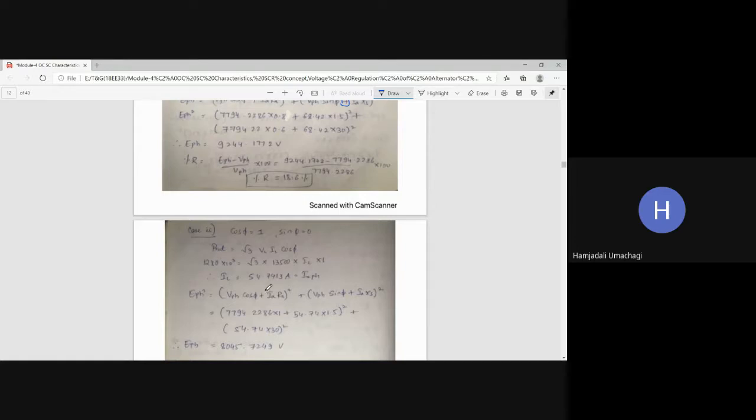Okay. And now calculate the EPH value. Since the load is resistive in nature, directly you can take EPH equal to square root of V phase cos phi, which will be 1, and IRA you know, but since sin phi is 0, this whole term will become 0. So EPH is simply equal to square root of (V phase plus IRA) whole square plus (IA into XS) whole square.